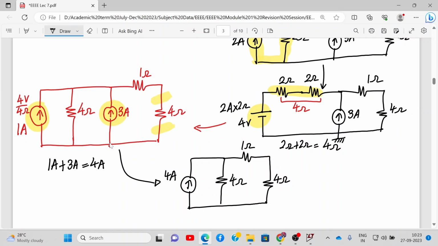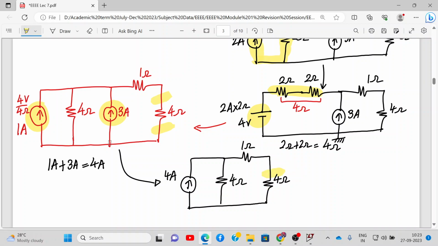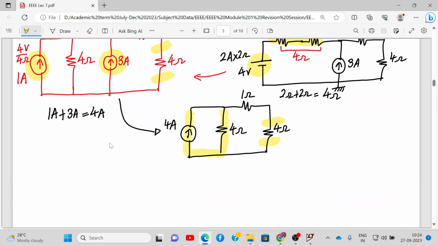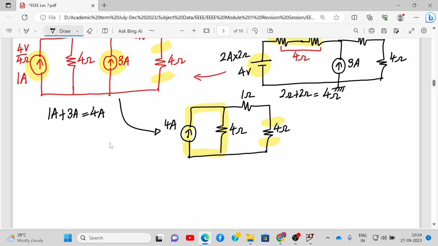Alright. Now again, I cannot disturb this 4 ohm; I cannot change it at all, neither convert it nor connect it in a series or parallel combination. Now what I will do is convert this current source and this parallel resistance into a voltage source.